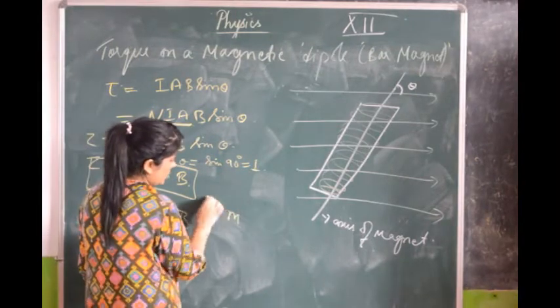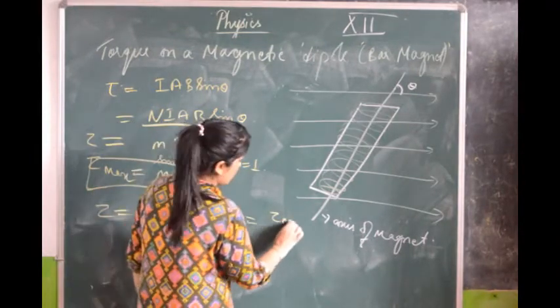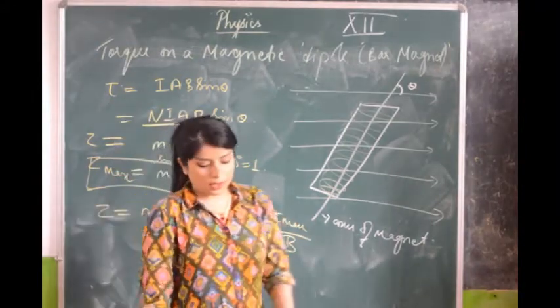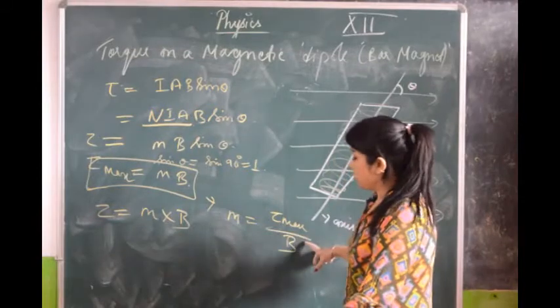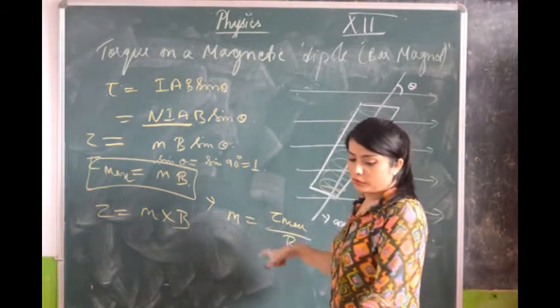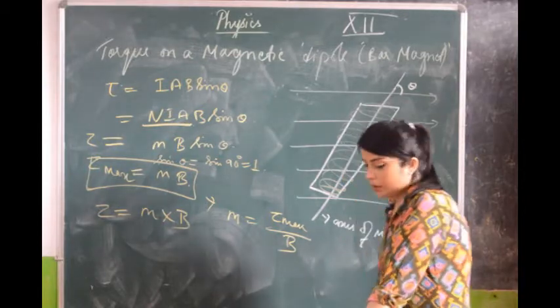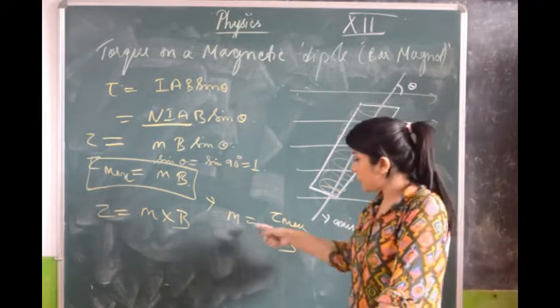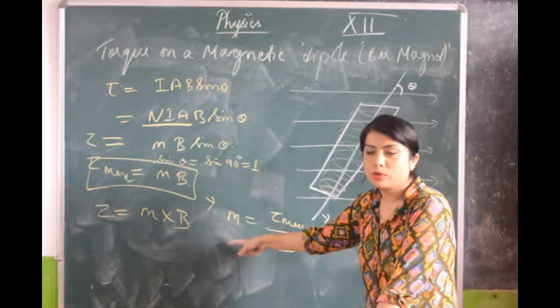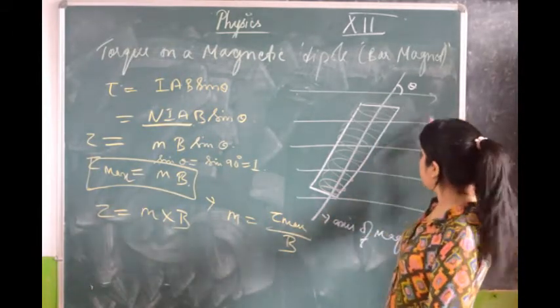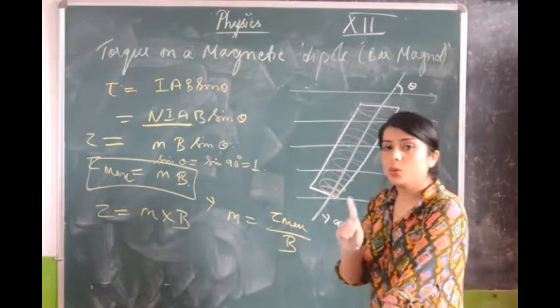From here, M is equal to torque maximum by B. The magnetic dipole moment is equal to torque maximum by B. The magnetic dipole moment will be equal to torque maximum when the magnetic field B is equal to 1.